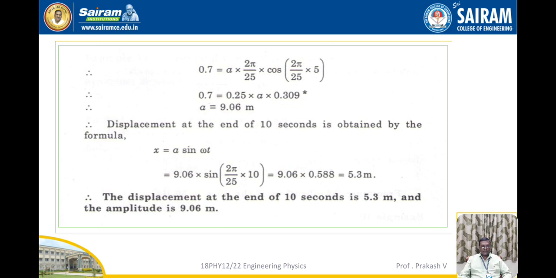Therefore the displacement at the end of 10 seconds is obtained by the formula x is equal to a sin omega t. So substitute the values of a, omega and t here. So we will get the value of x is equal to 5.3 meters. Therefore the displacement at the end of 10 seconds is 5.3 meter and the amplitude is 9.06 meter.